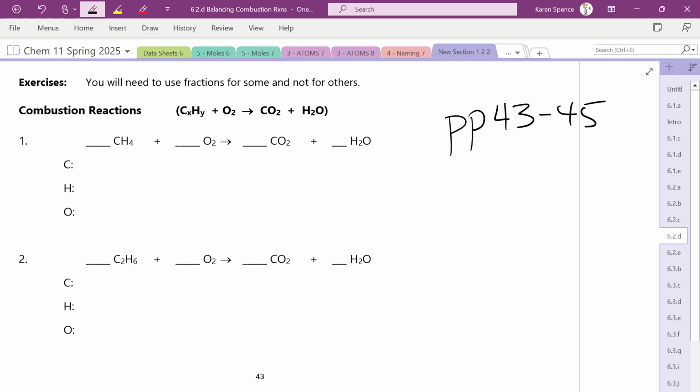Now 4 carbons to 4 carbons. Plus 8 is 4.